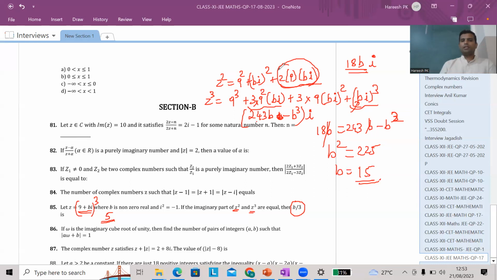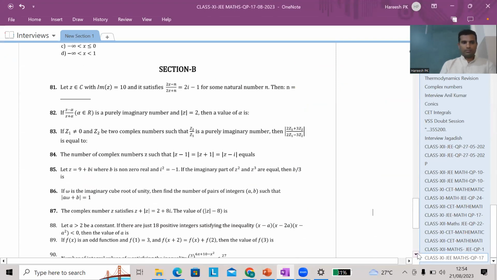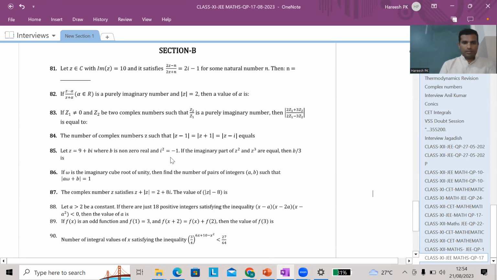Let's move to 86. In the 86th, they're saying omega is an imaginary cube root of unity. And they're asking how many pairs of integers a comma b exist such that mod of a omega plus b is 1.